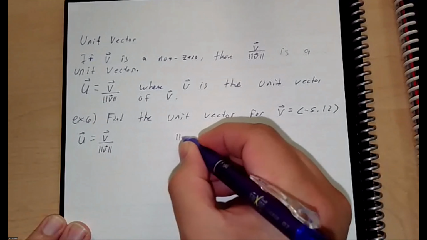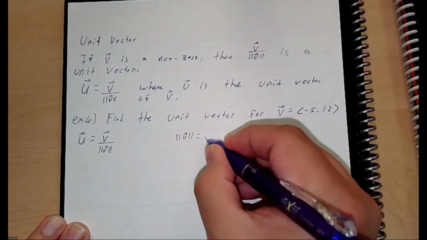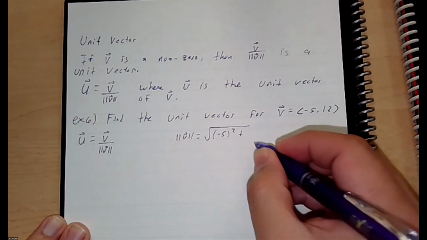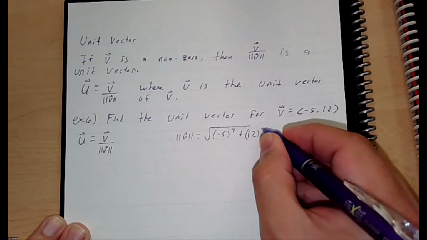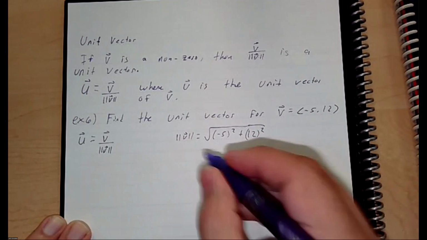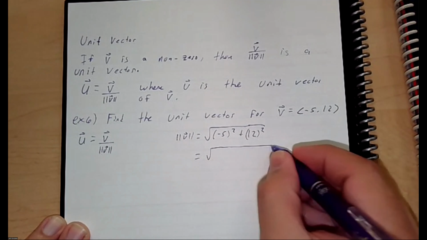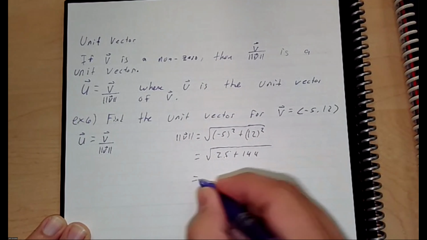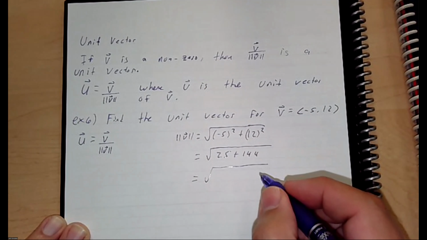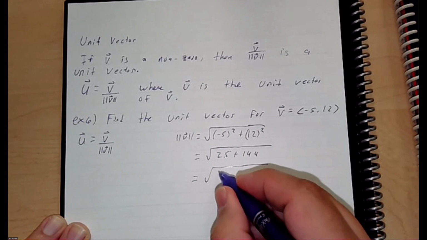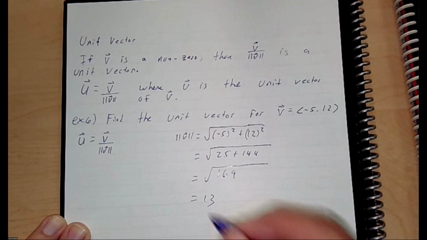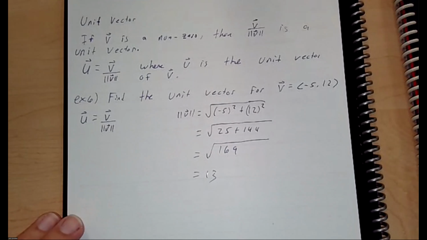The magnitude of V is equal to the square root of negative 5 squared plus 12 squared, which is 25 plus 144, 169, right? So it's going to be 13.